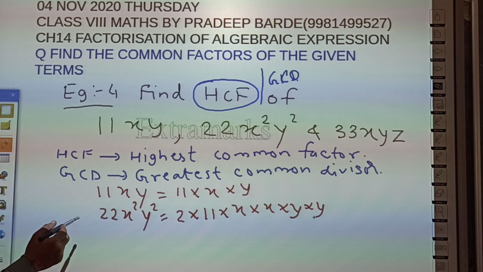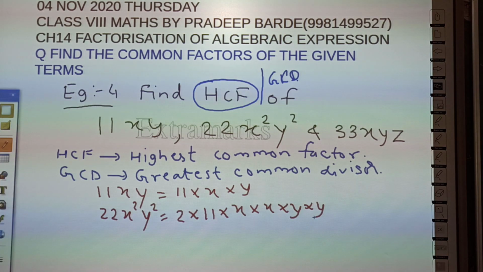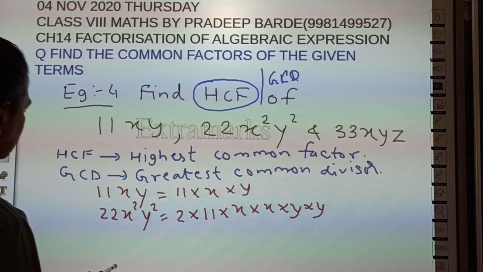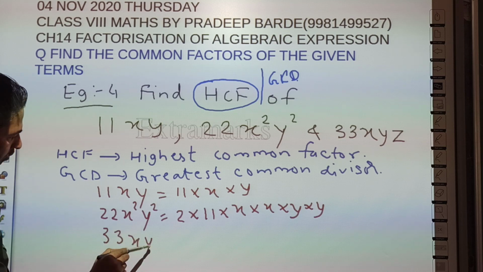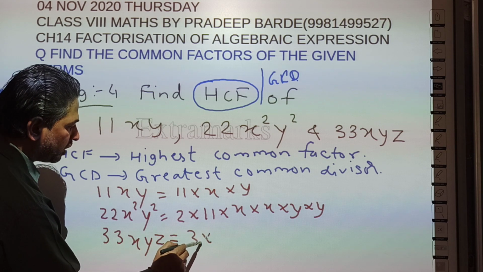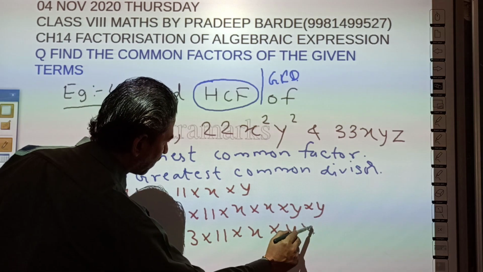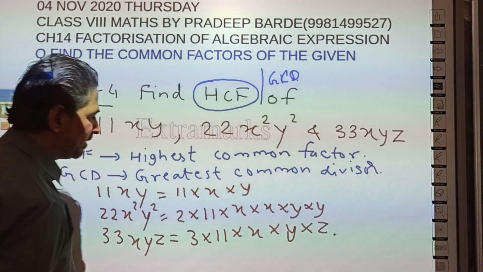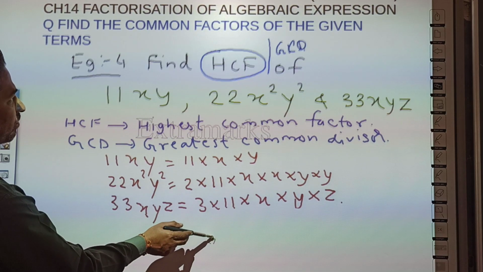The next one is 33xyz, which is 3 into 11 into x into y into z. Now we have to see the common factor.